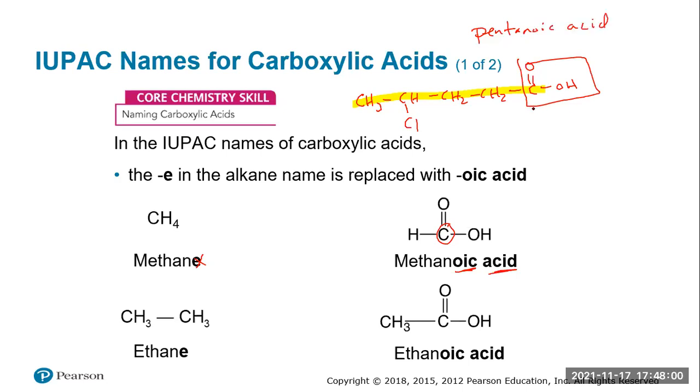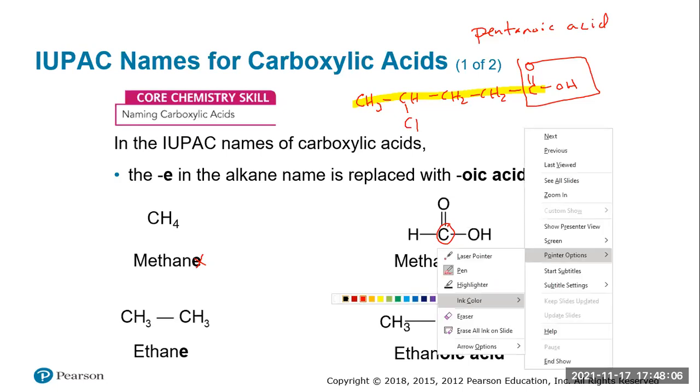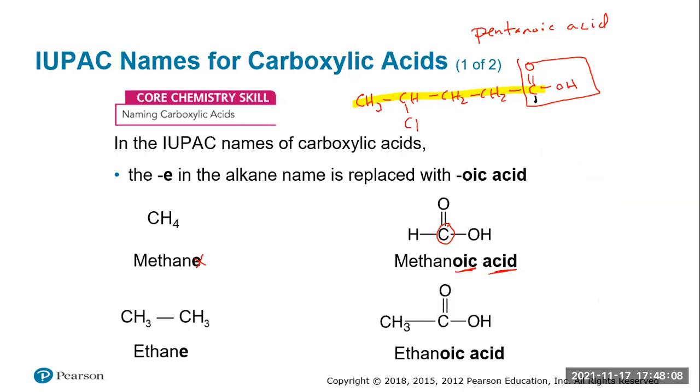Now, again, we do not need to give that carbon a number in the name, but for numbering purposes, it does have to be carbon 1, which means next door is carbon 2, 3, and 4. The importance of that is we can now see that our chlorine should be at carbon number 4 here, and this would be 4-chloropentanoic acid.